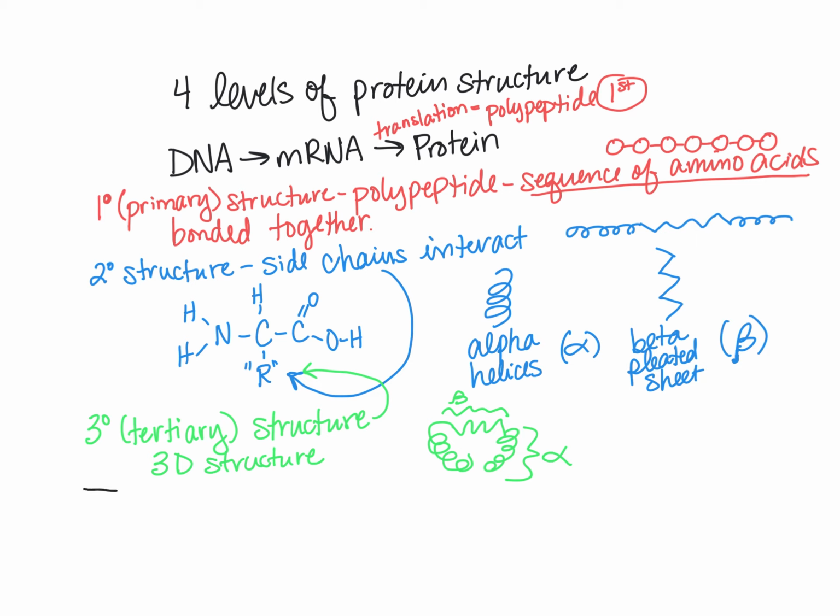So some proteins have their highest level of structure at the tertiary level. So in some proteins, this is considered the terminal or the functional level of the protein structure. So functional proteins in some cases.